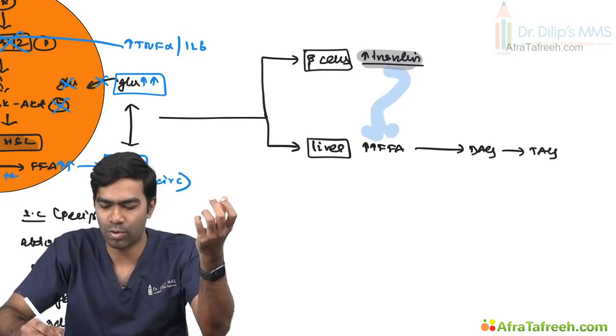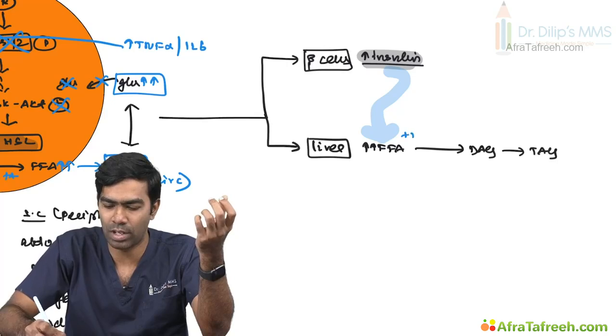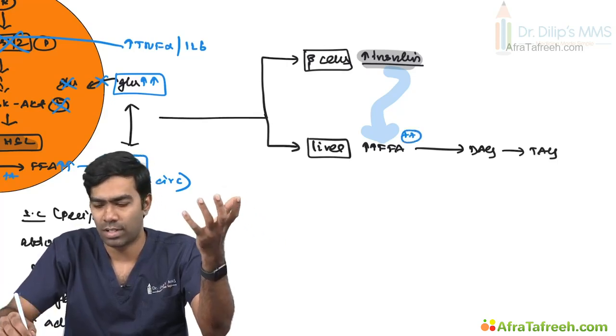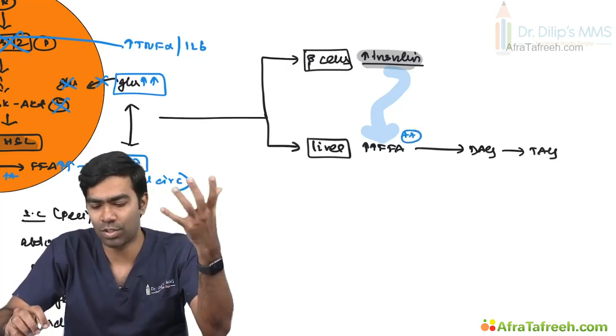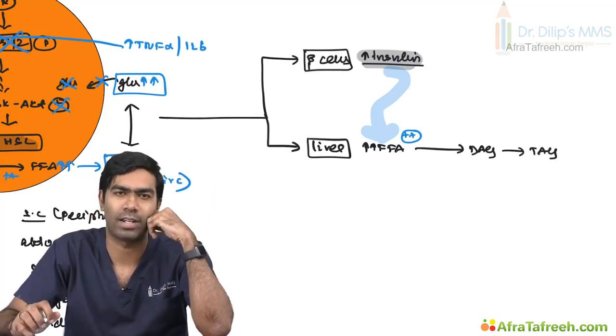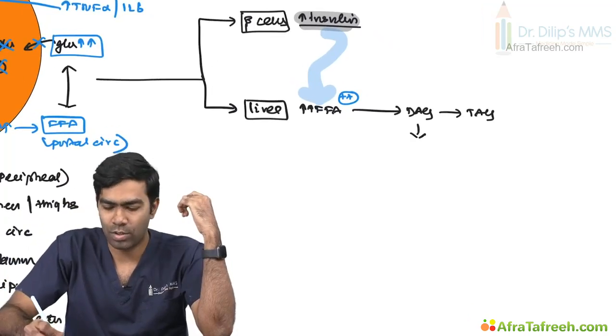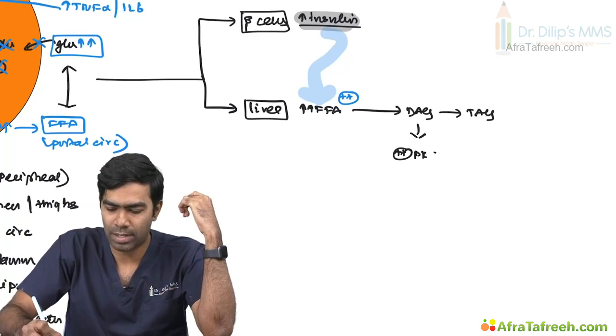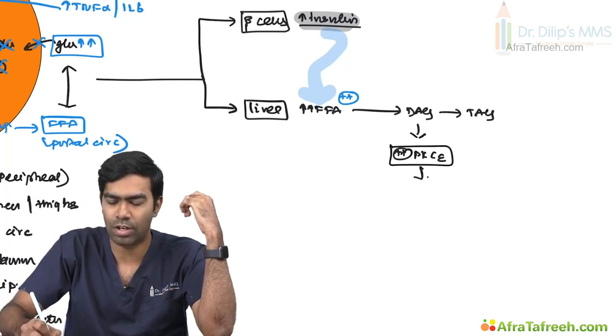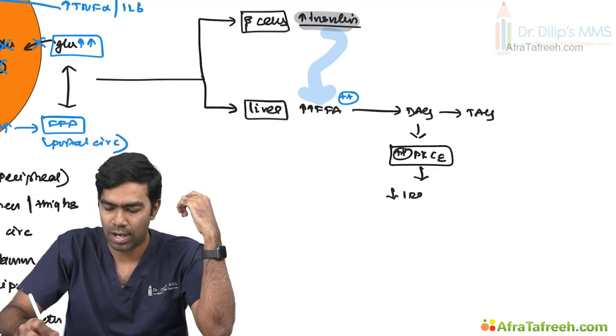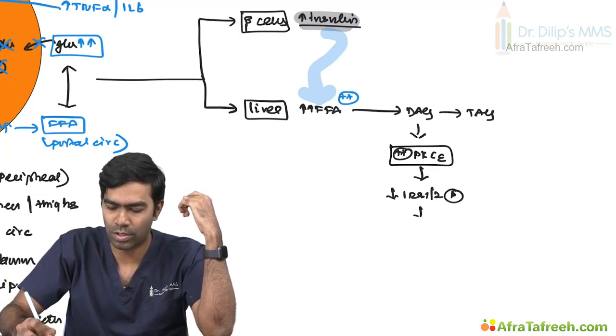And this high insulin, of course, in the liver is going to become anabolic, and it's going to stimulate the conversion of free fatty acids to diacylglycerol and triglycerol. And of course, this diacylglycerol is going to stimulate protein kinase C epsilon by the previous mechanism which we saw already. They are going to reduce the IRS1 and 2 phosphorylation, which is going to subsequently produce a clinical insulin resistance.